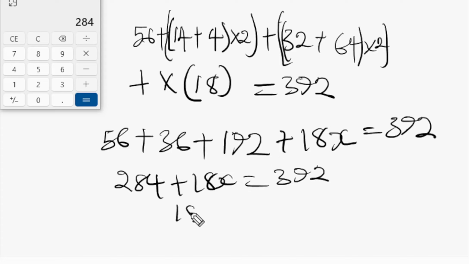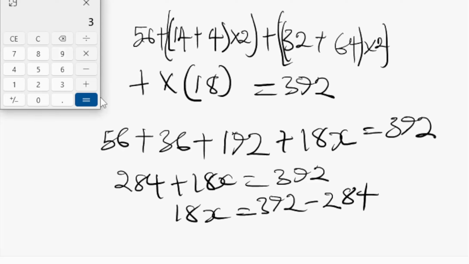So guys, 18x will now be equal to, this moves over here, I'll have 392 minus 284. So guys, 392 minus 284 will give us 108.